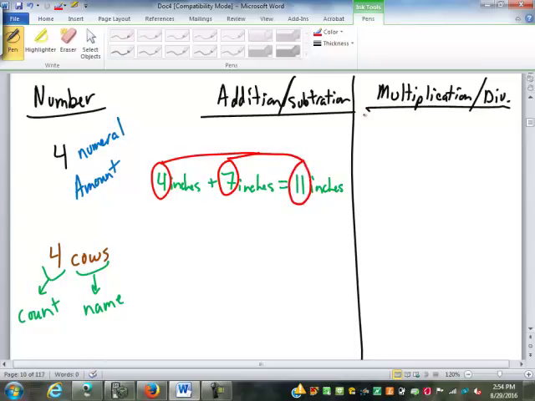Well, we combined them to make 11, right? We're adding here, so we combined them with addition. So we combine the counts. If we look at the names, we had inches, and what happened to those? Stayed inches, didn't it? Stayed the same. When we add or subtract, we keep the same name.